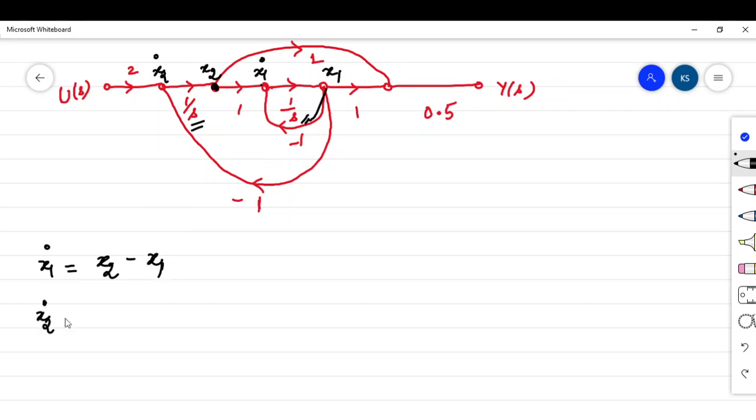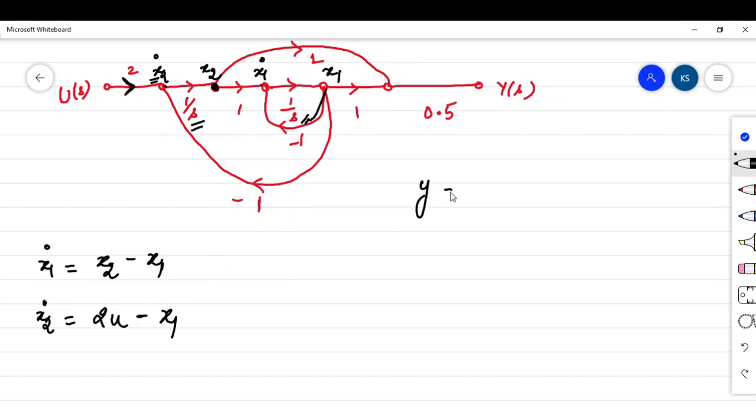In the same way, x2 dot can be found. The incoming branch to it is 2u, and another branch entering to it is minus 1 into x1. So you can write it as minus x1.